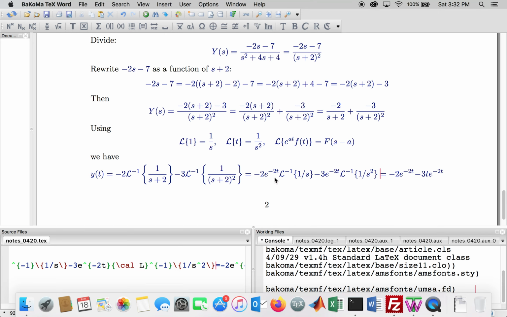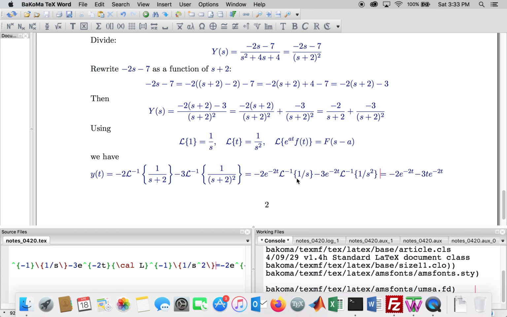So if you look at what's going on here, to go from here to here, I'm accounting for the shift up front. Here I have a shifted function of s plus 2. That's going to cause an e to the minus 2t factor in both cases. And then what we're left to inverse transform is the unshifted function. So 1 over s plus 2 becomes 1 over s. 1 over s plus 2 squared becomes 1 over s squared.